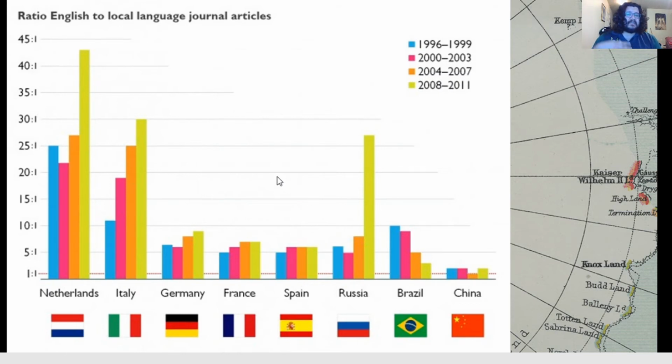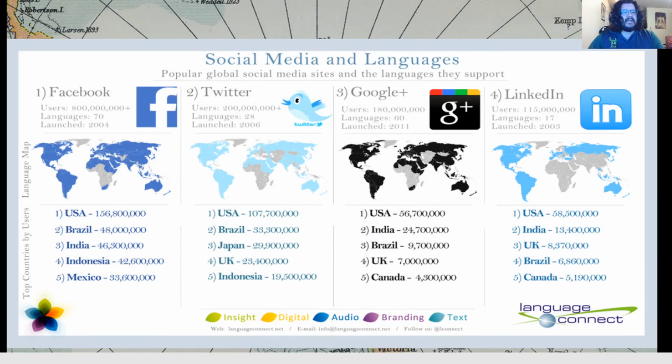Or at the very least, you're going to want to interact with people who speak English in other countries. If they don't speak the same native language, English is usually going to be that default, partially for this reason: it's the language of science and the language used to publish in scientific journals. Aside from that, social media has transformed the way that we think of English today.